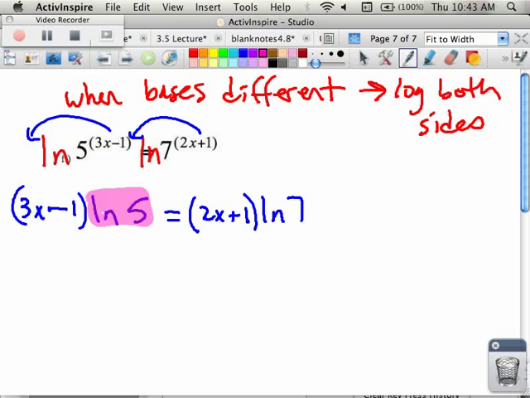Yes. Okay. How about, what is the natural log of 7? 1.946.